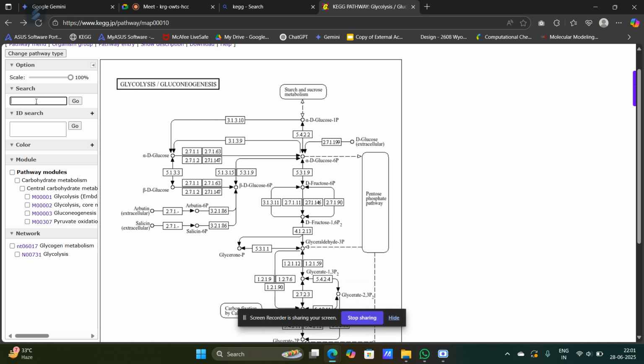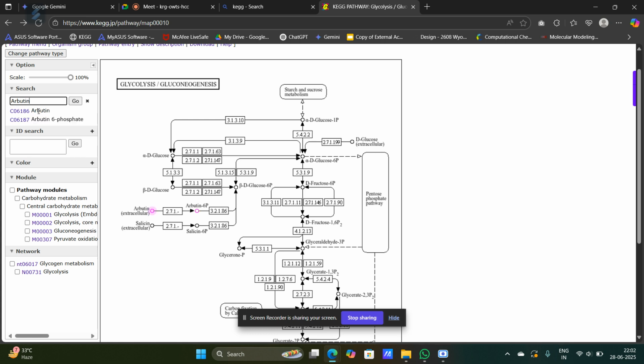In the search here, you can search for the compounds that you want to see. For example, if I want to check arbutin, I can just write arbutin and click on go, and it says there are two arbutin words present in the flowchart, and it also highlights where exactly they are present.